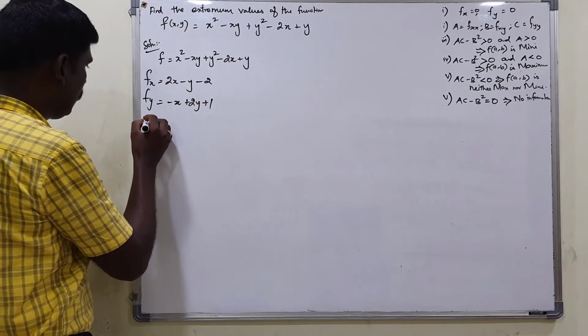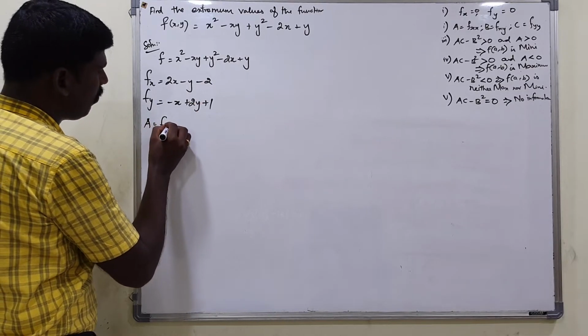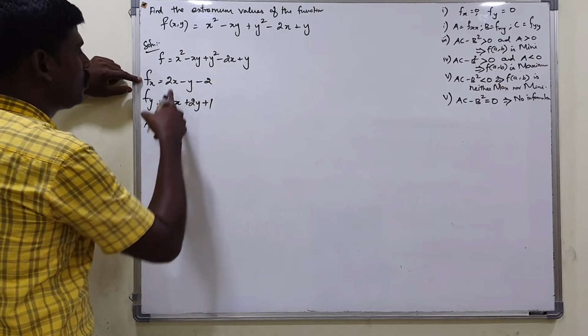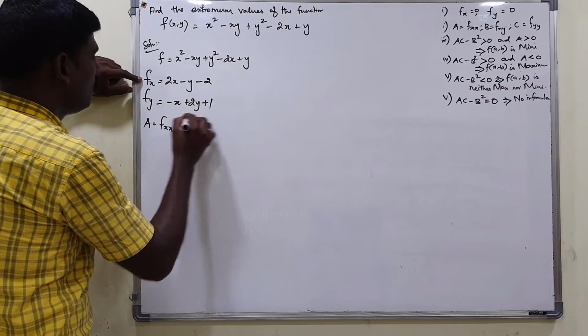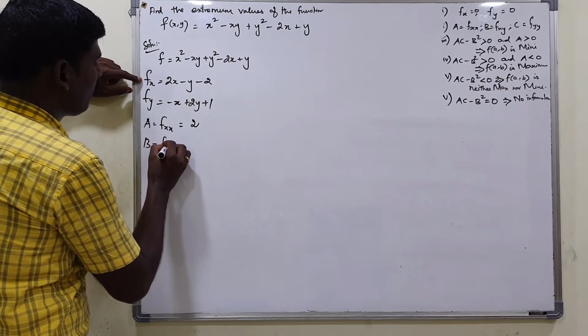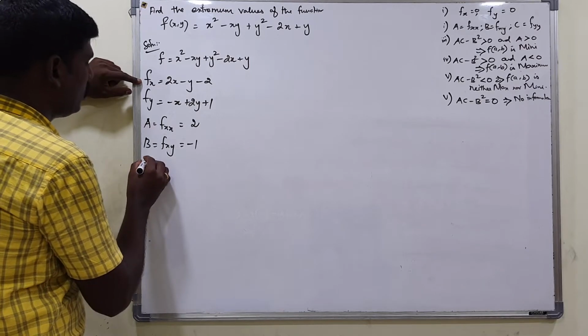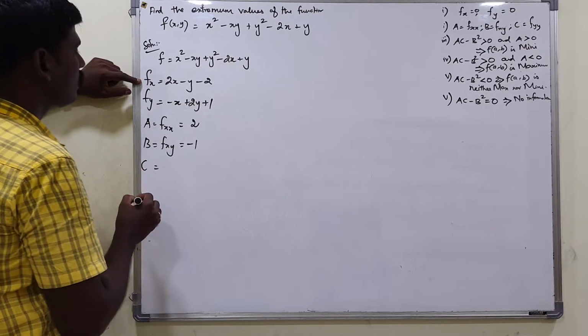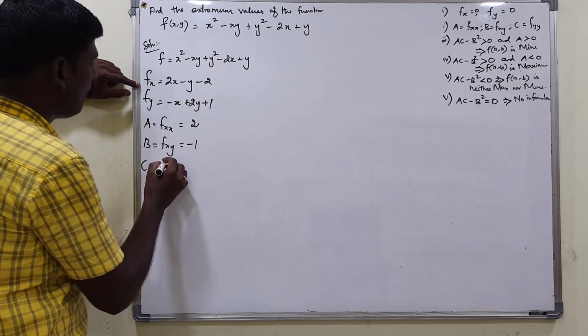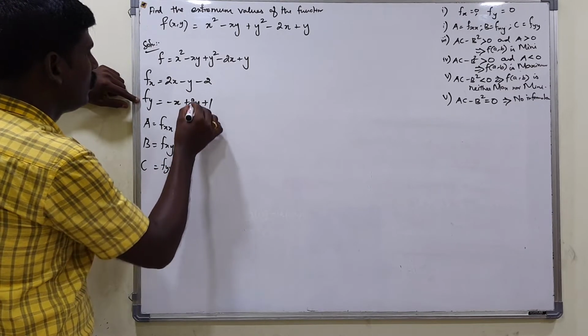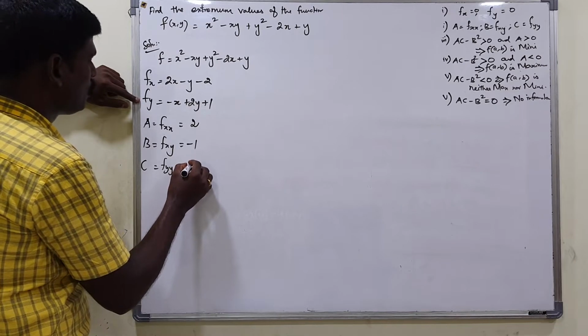And then what is a? A is f double x. Once again differentiate fx partially with respect to x, you get 2. What is b? Fxy, fx with respect to y, you get minus 1. What is c? F double y, which is plus 2.